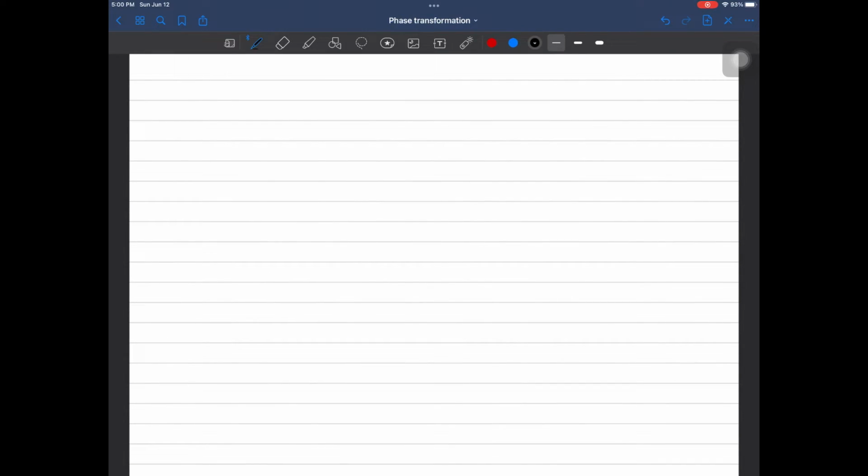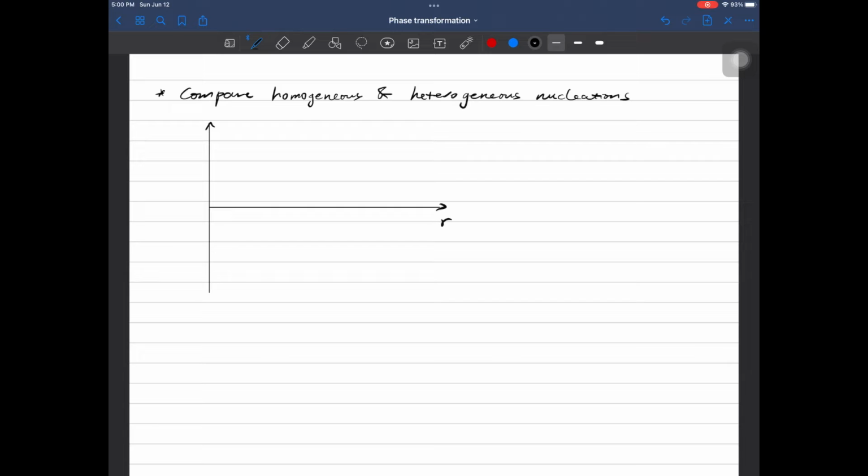You may wonder, both the homogeneous and the heterogeneous nucleation cases look very similar, then what are the differences? Here, we'll cover both the similarity and the difference by doing the comparison. Let's plot delta G as a function of r for both the homogeneous and the heterogeneous nucleation cases in the same graph.